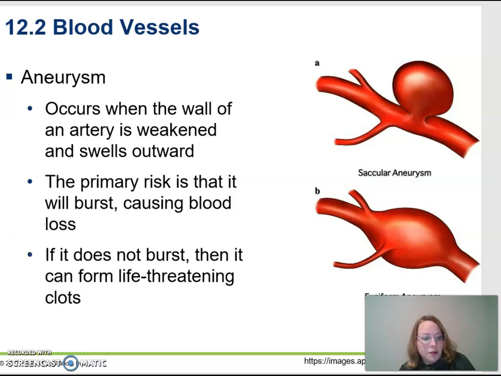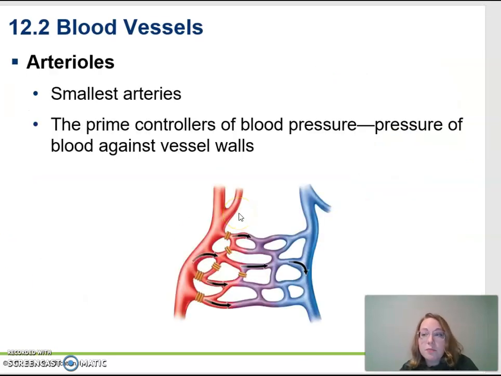Okay. So our arteries are branching and branching closer and closer to their targets, and as they do, they're going to get smaller and smaller, and they're going to become arterioles. Arterioles are going to have 3 layers of wall down to just the one when it gets to the capillary. And they're going to be the greatest resistance that blood goes through. So basically, after it gets through the arterioles with lots of smooth muscle, that blood pressure is going to drop.